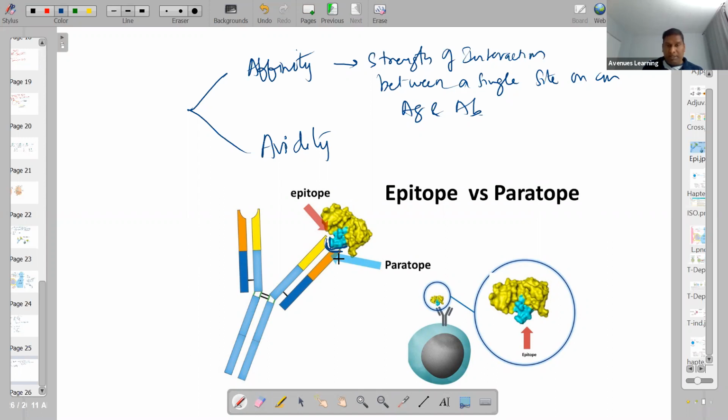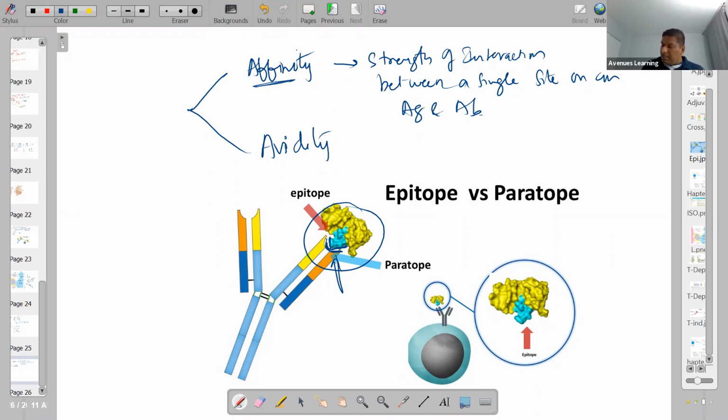If I take this single interaction, the strength of interaction between a single site on an antigen and an antibody, what is the affinity here? What is the strength of attraction here? What is the strength of interaction here? That is the affinity.